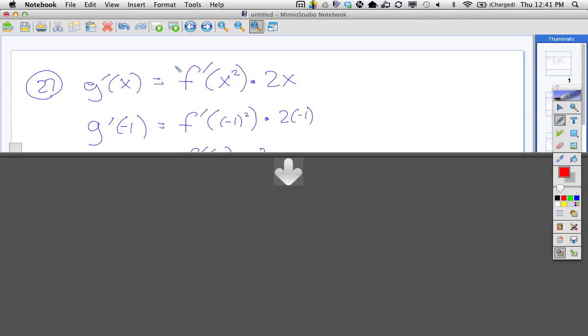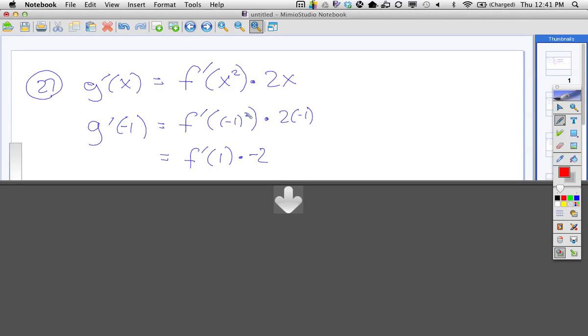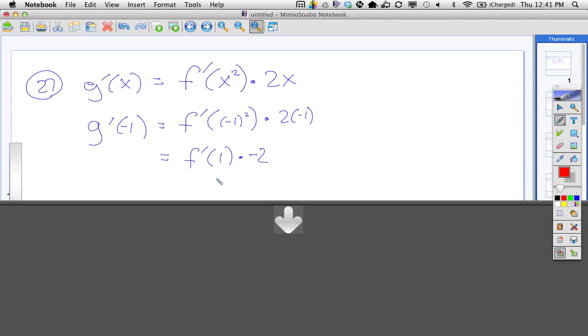So we plug a -1 in for x. -1 squared is 1. 2 times -1 is -2. What's f prime of 1? It's negative. That's all we really care about. Look at the f graph. The f graph's going down at 1, so f prime is negative. So this is clearly negative, and times -2, negative times negative is positive. So g prime at -1 is positive, so therefore g is increasing.